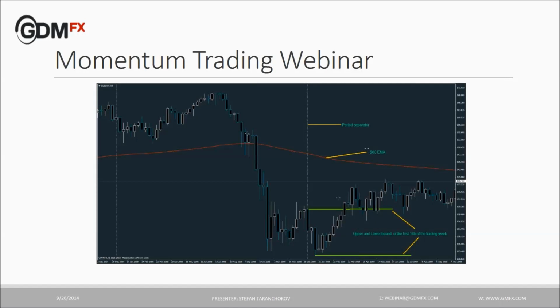For those of you who have joined later, what is necessary on our 4-hour chart is we have to place a period separator on our chart. We have to place a 200 period exponential moving average, and we have to plot our range.